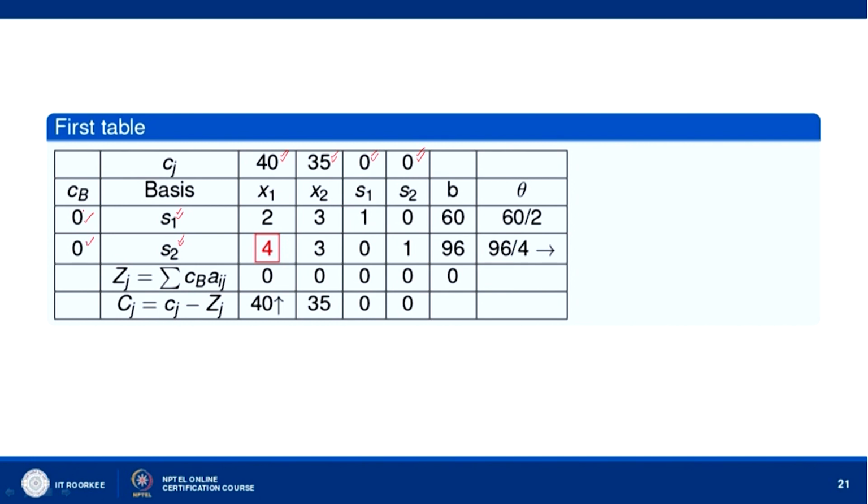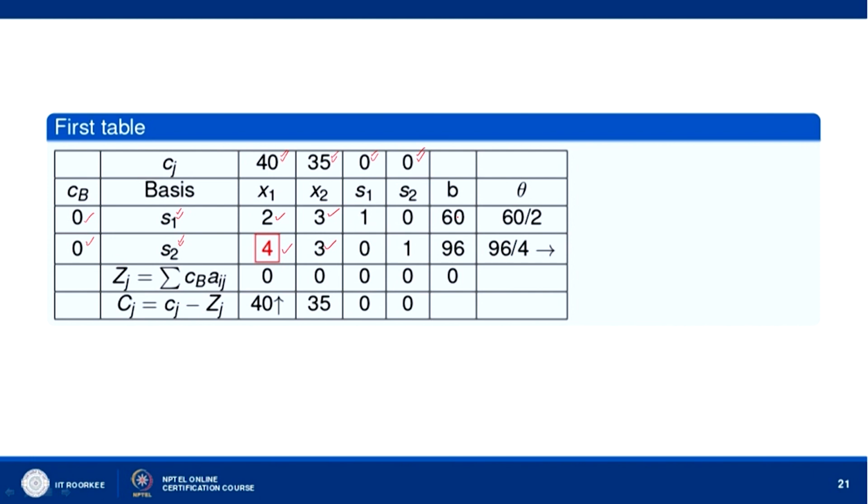The Cb column contains the coefficients of the basic variables in the objective function, and this is the body matrix, 2 3, 4 3. This is the body matrix from the constraints A11 x1 plus A12 x2 less than or equal to 60 that were given to us.